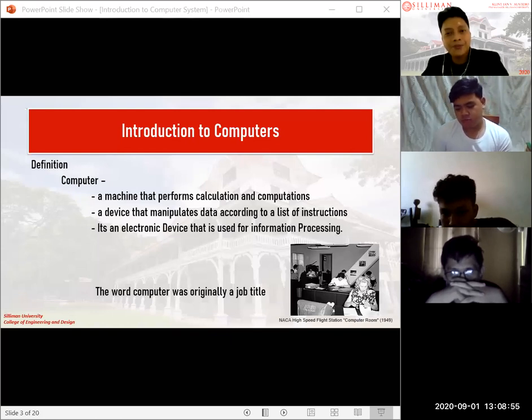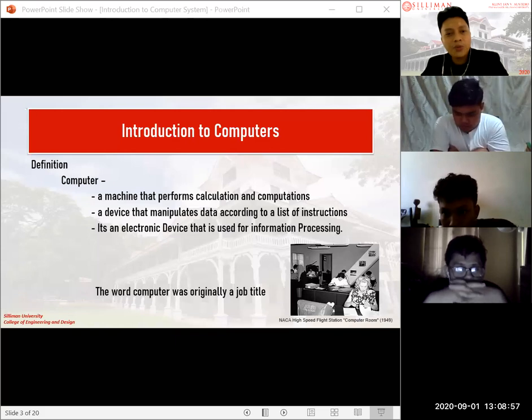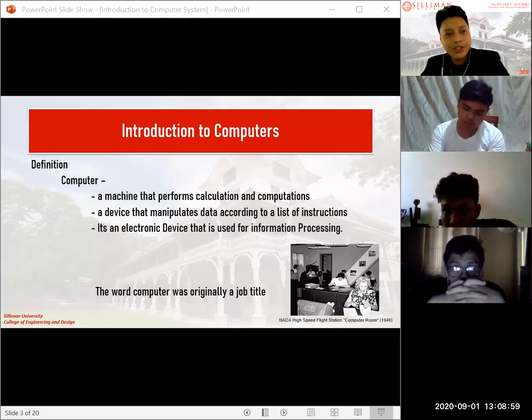So that was the origin of computers in the past, in which they would hire brilliant people to do computations for them. And usually they would employ 20 to 30 people to do these tasks for them.